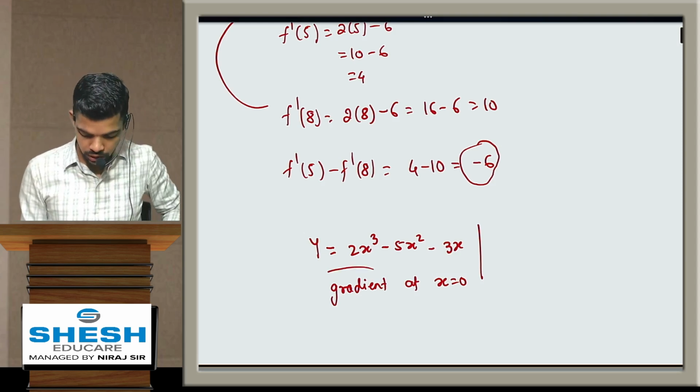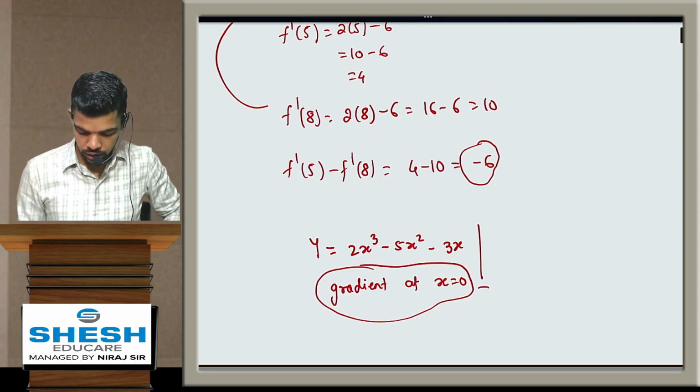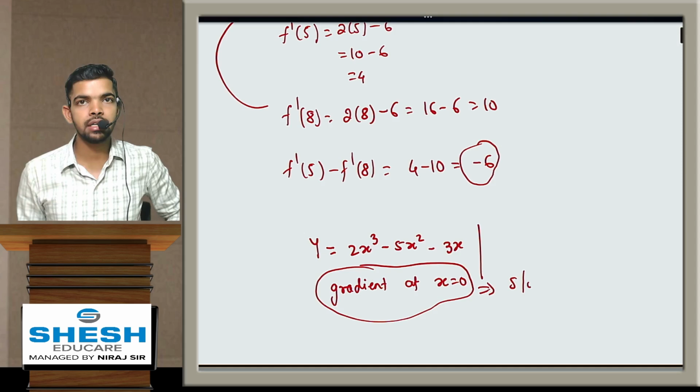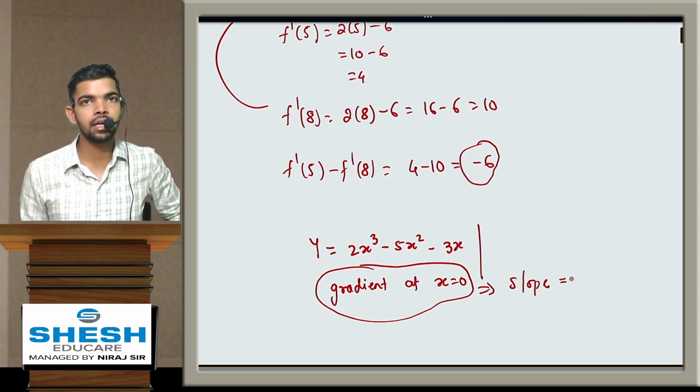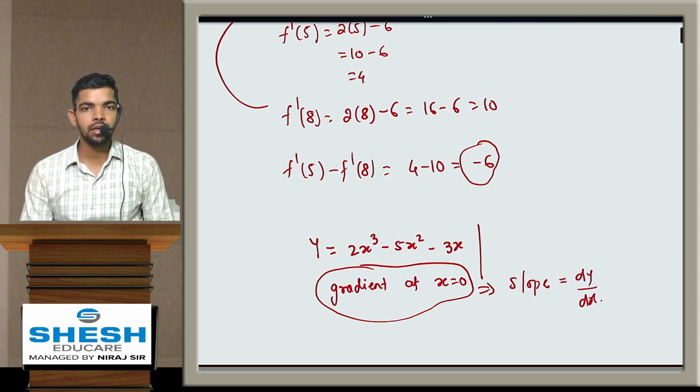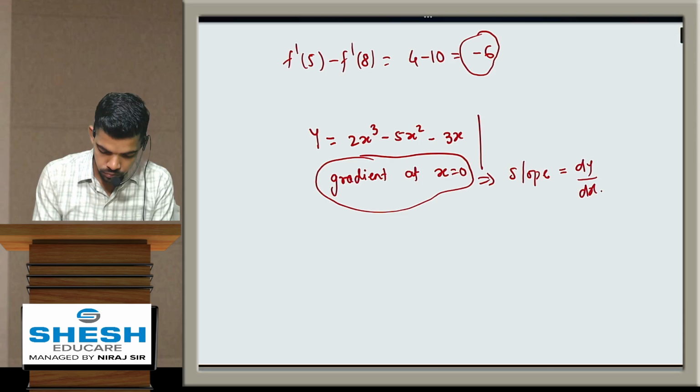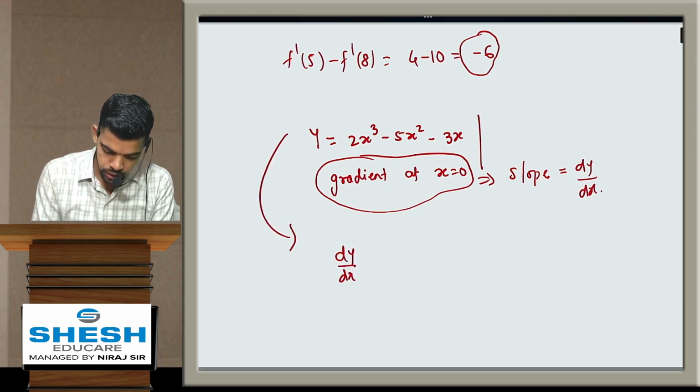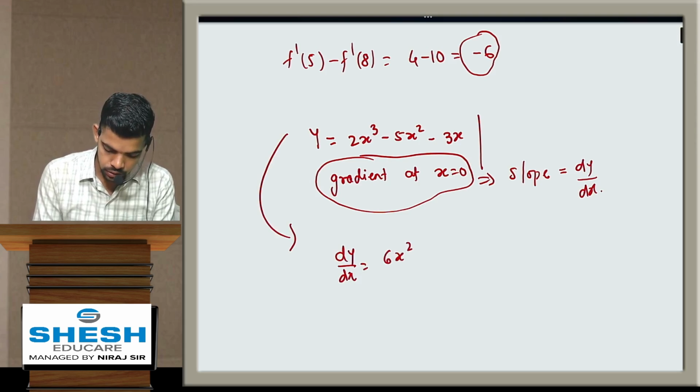Now, what is gradient? Gradient is nothing but, gradient is also called as slope, and that is dy by dx. Okay, so what you will do? Find dy by dx. It will be 6x square minus 10x minus 3.